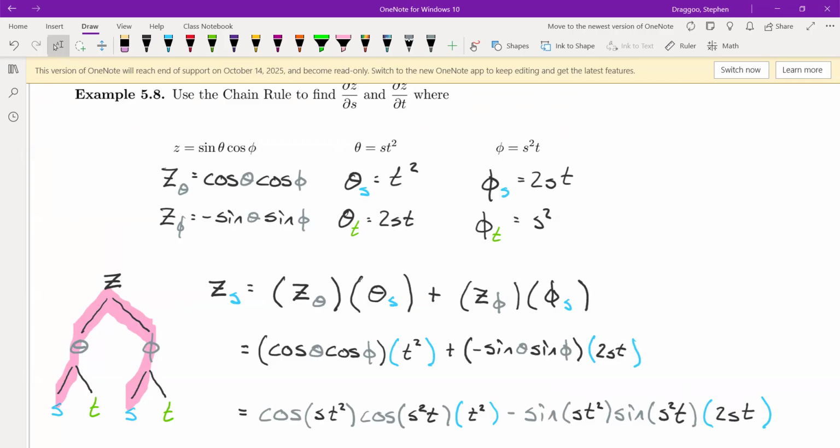I just might end up with a more complicated derivative that I've got to write all the way out. In particular, if my intermediate variables start getting more and more complicated functions that I'm trying to plug in, the chain rule can be helpful to just keep straight what all of the derivatives are. In this particular case, st squared and s squared t are relatively simple intermediate functions that get plugged in.